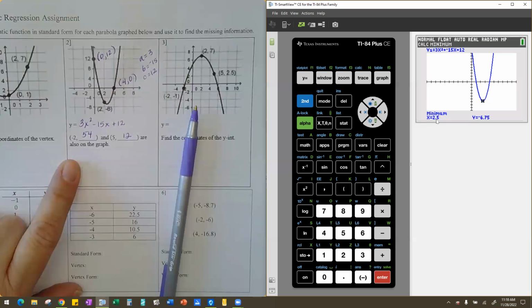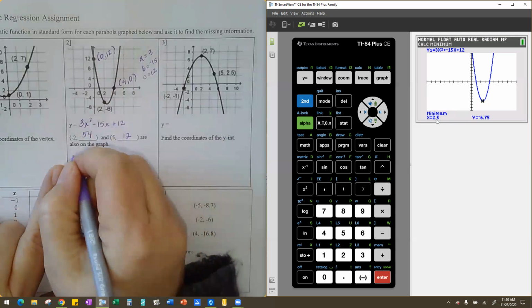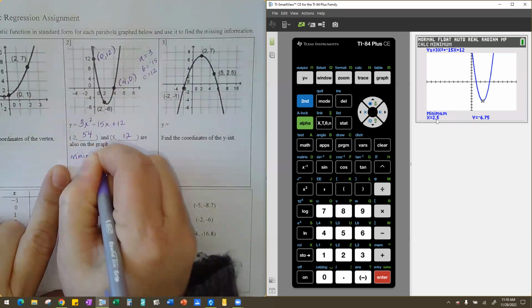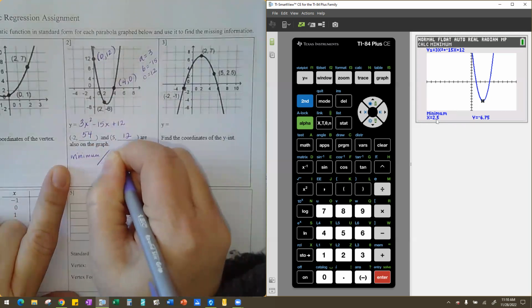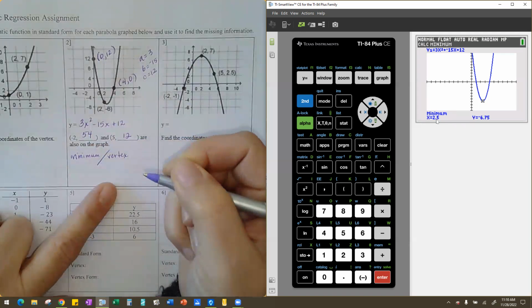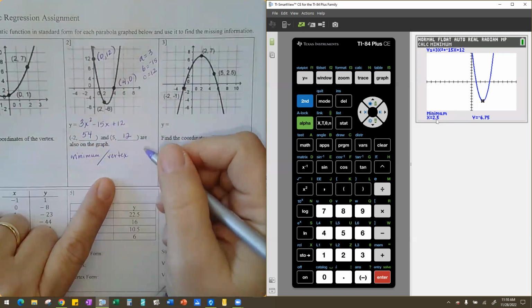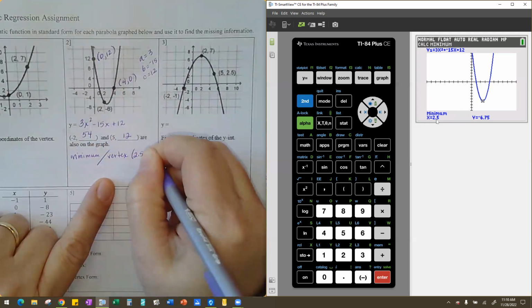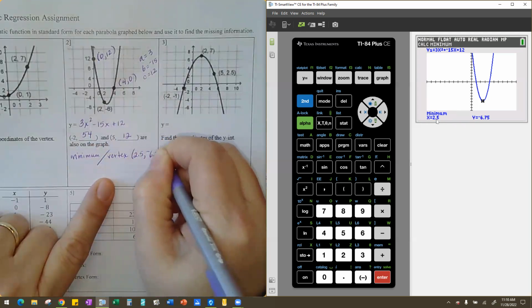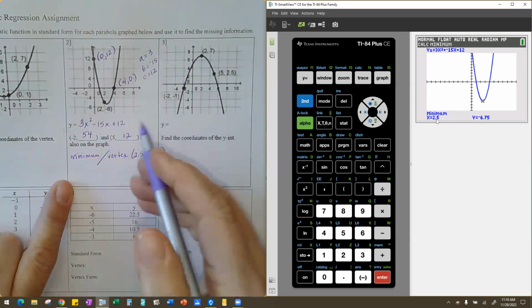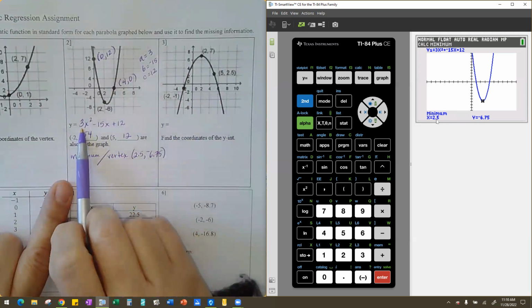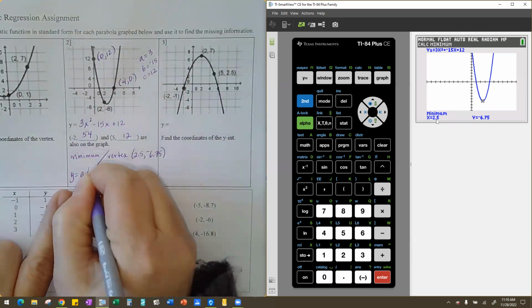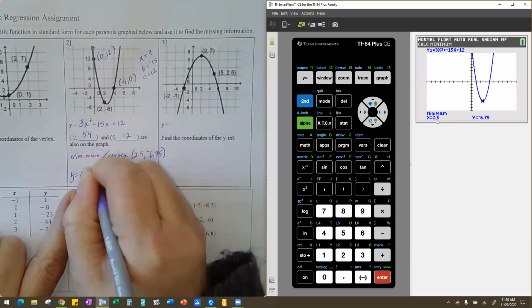Okay, 2.5. Okay, the minimum, which is also the vertex, is (2.5, -6.75).